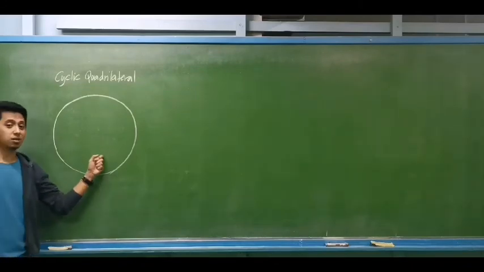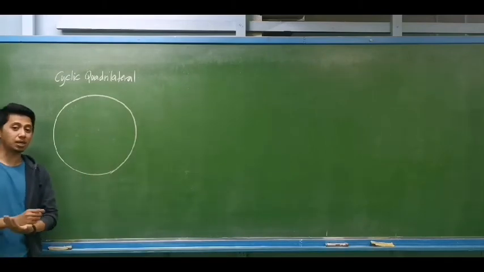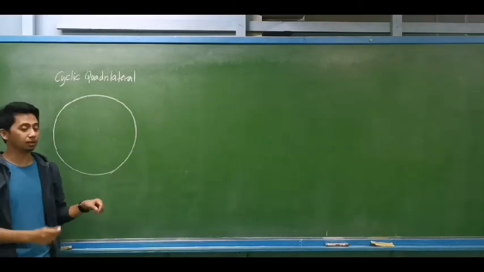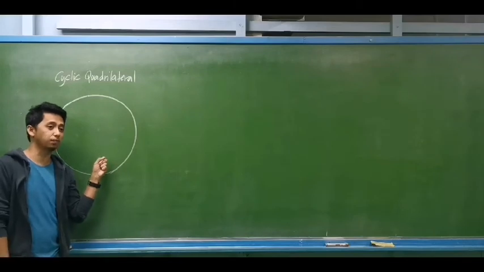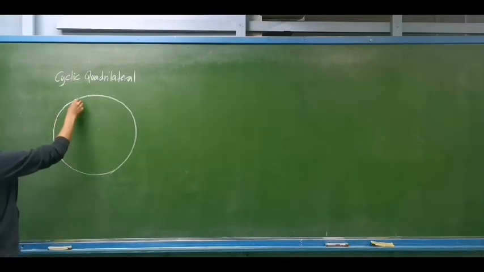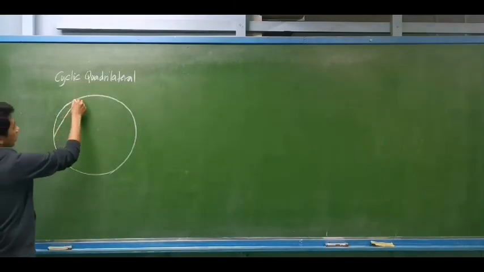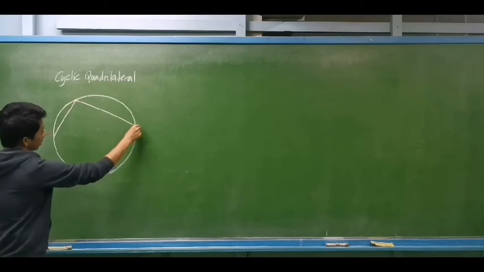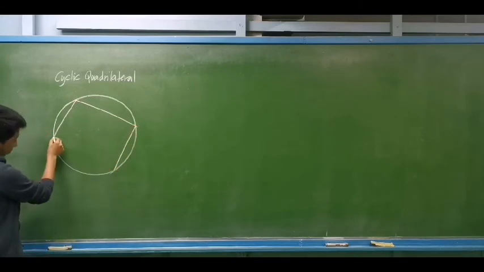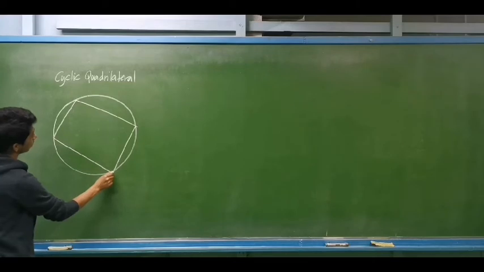Pag-usapan natin yung cyclic quadrilateral. Pag sinabing cyclic quadrilateral, ito yung mga quadrilaterals na pwedeng ilagay sa loob ng circle. Tapos, yung mga corners ng quadrilateral na to will be on the circle, dito sa circumference.